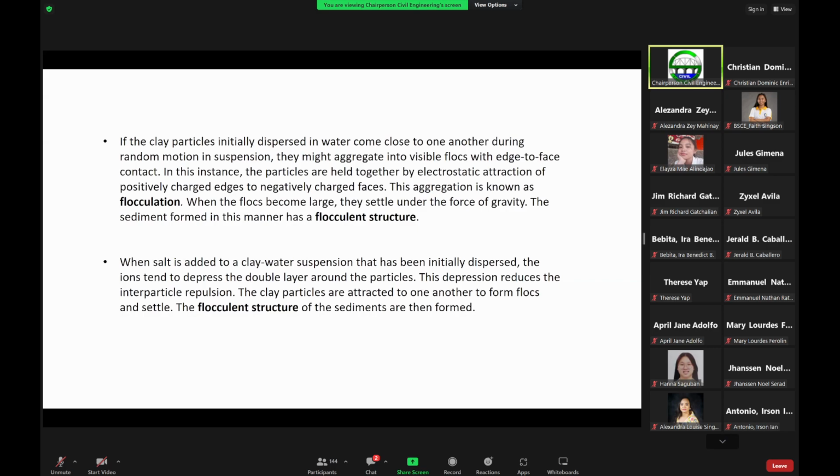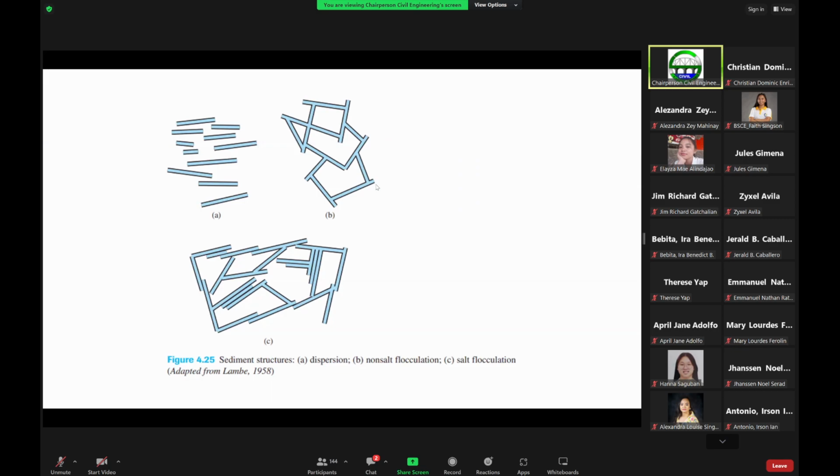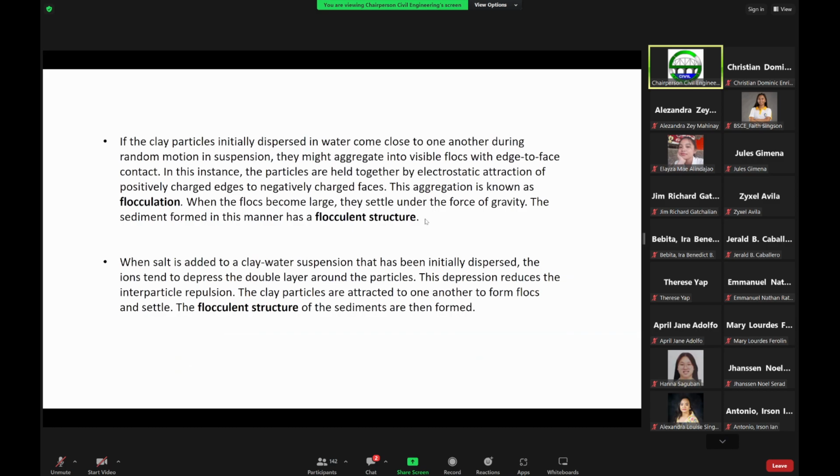So if you look at the figure, this one here is what you call a non-salt flocculent structure. That means, for example, it is dispersed in fresh water. Now, when salt is added to a clay-water suspension, such as seawater, that has been initially dispersed, then the ions in the particles tend to depress the double layer around the particles.